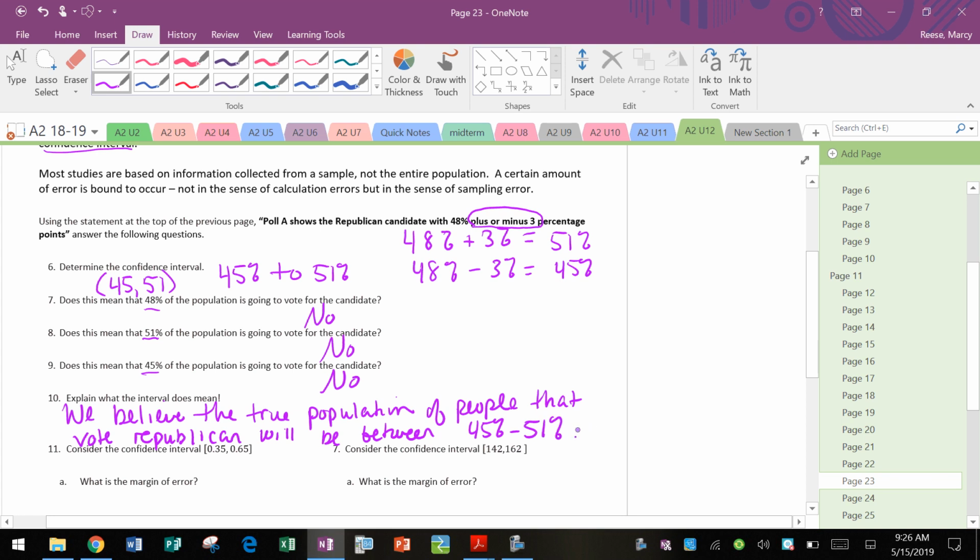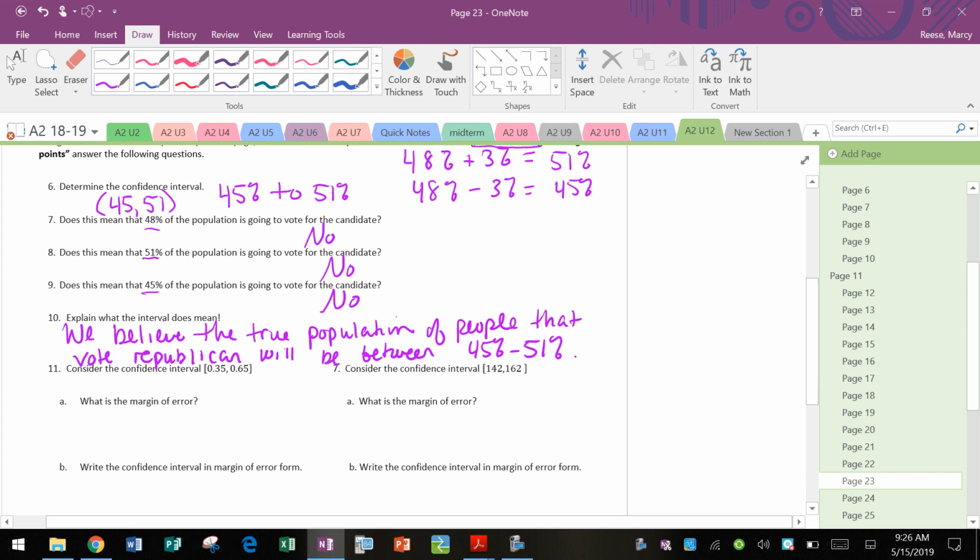So it doesn't mean that it's actually going to be 48 or actually 51 or actually 45. It's just going to be in that range. It's our safety net.